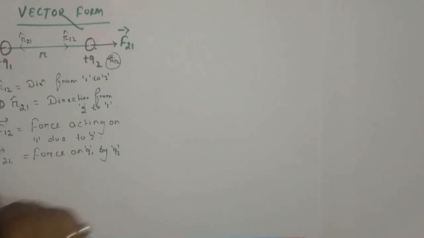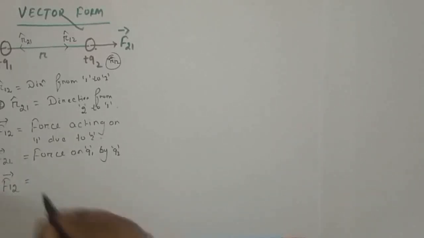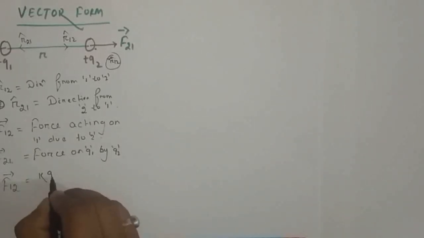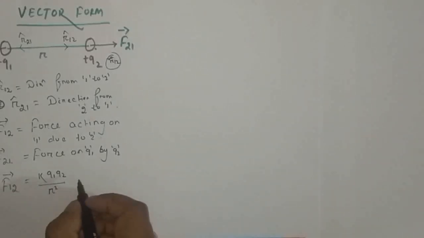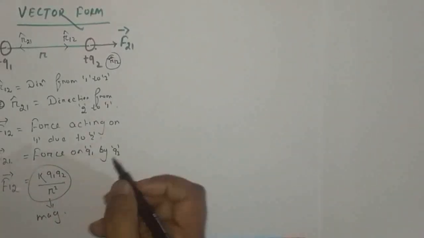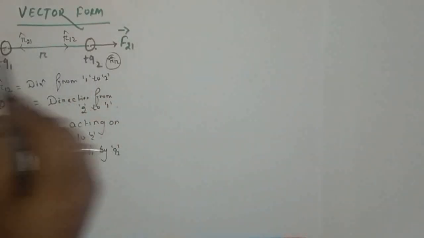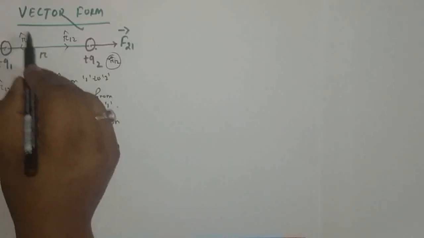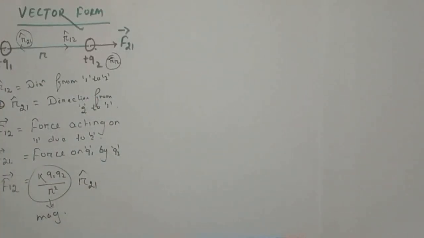Let us go for the mathematical part. F1 2. So what is the scalar form? K Q1 Q2 by R square. This part represents the magnitude part. So what is the direction? Force acting on 1 due to 2, this direction. So what is this direction? R21 cap.